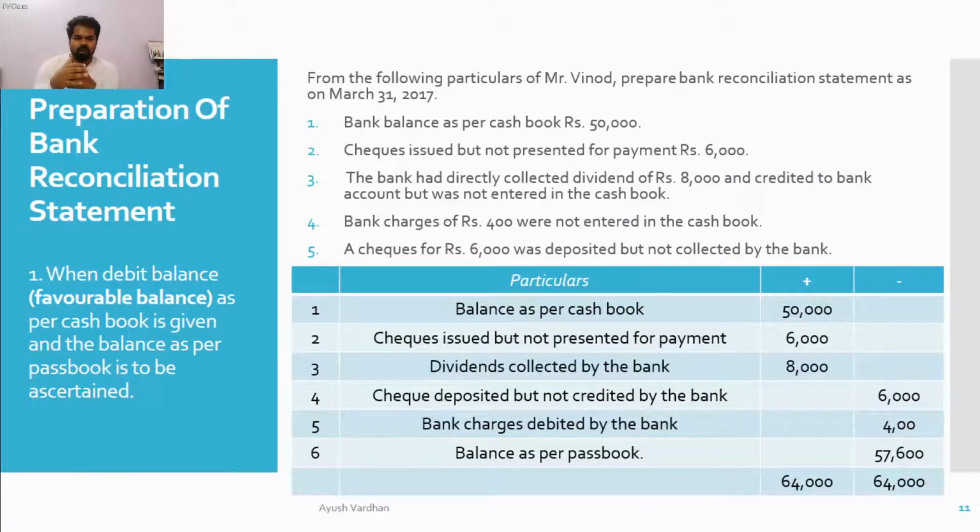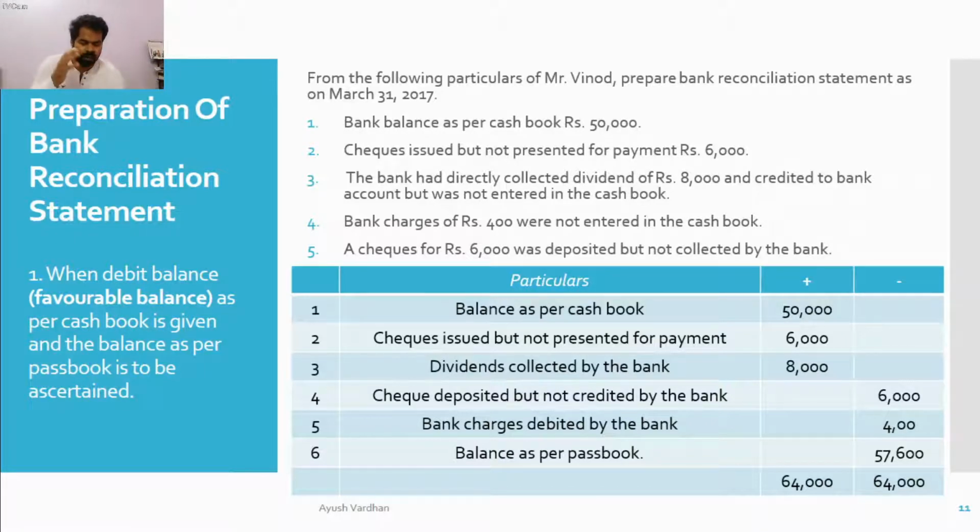Okay, so we have 50,000 in our cash book. So this is a positive number, so this will come on the positive side. We all know that simply if we have a positive balance in our cash book or passbook, then that comes on the positive side.